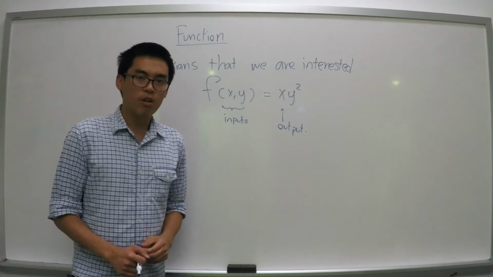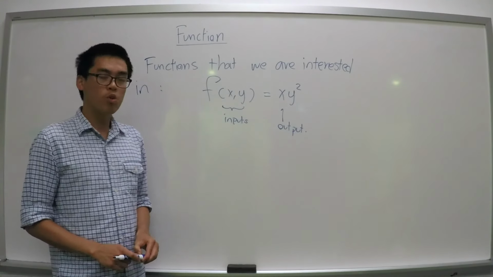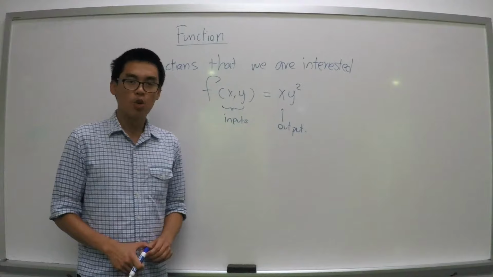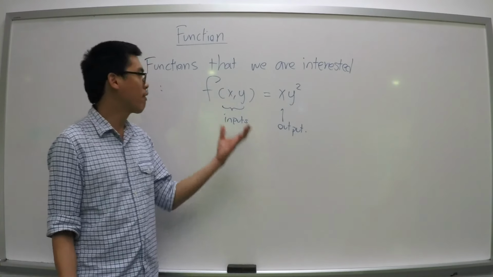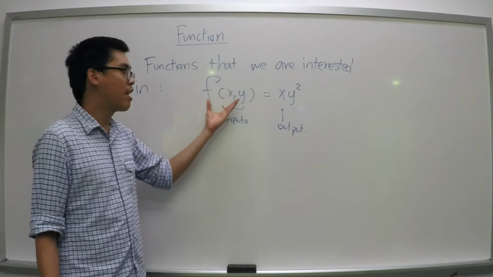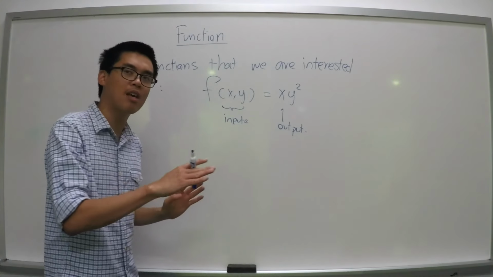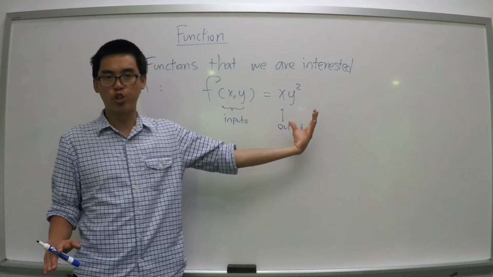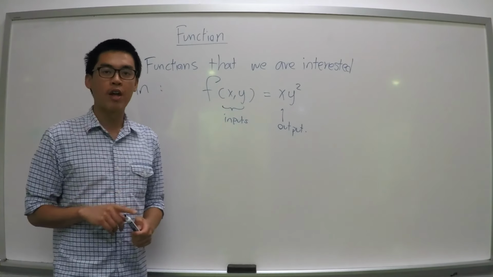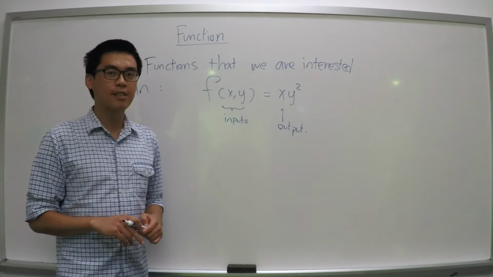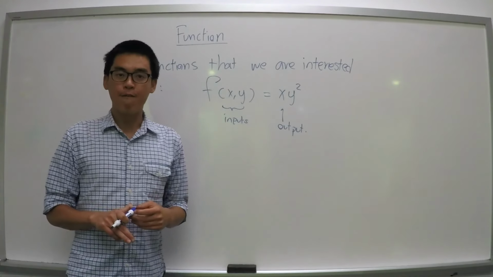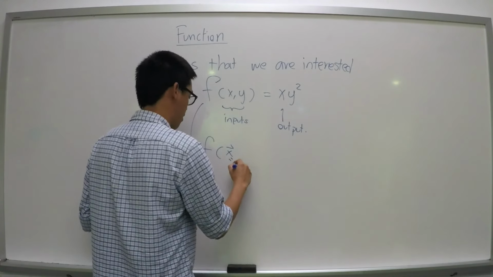What should you think about this function? Well, when you see this kind of function, you can think of it in two ways. You can think of it as a function that has several inputs, right? You plug in x, plug in y separately, and the output is determined by your choice of x and y. Or you can think of this function as a function where you plug in a vector (x, y), right?